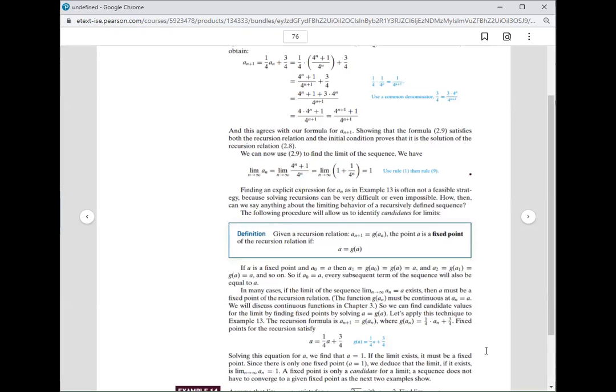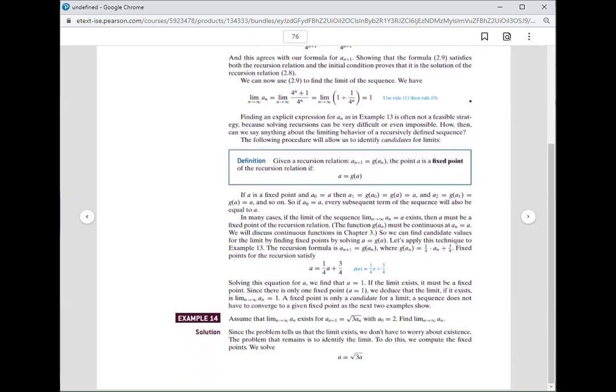Solving this equation gives A equal to 1. If the limit exists, it must be a fixed point. So in this case, the fixed point will be 1.